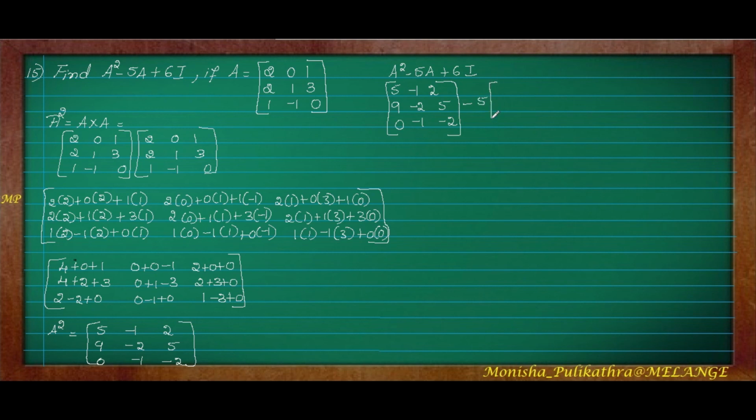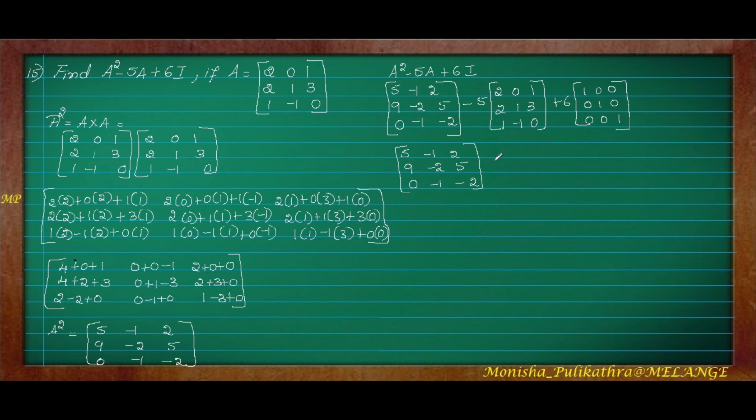Minus 5 into, again we need to write the matrix, 2 0 1, 2 1 3 and 1 minus 1 0, plus 6 into I, so 1 0 0, 0 1 0 and 0 0 1. So 5 minus 1 2, 9 minus 2 5, 0 minus 1 minus 2.